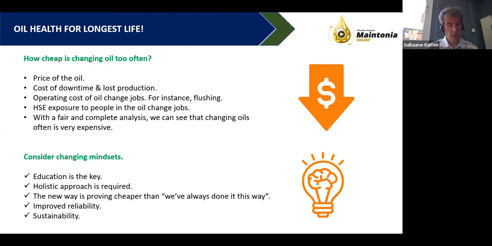So it makes sense to have all the right tests that you need, not to try to save by not doing this or that test on your oil, because this is a false saving. And then holistic, as you know, means all parameters. So when you find anything wrong with the fluid based on the analysis, any type of contamination or varnish, for instance, then you take steps to eliminate it.